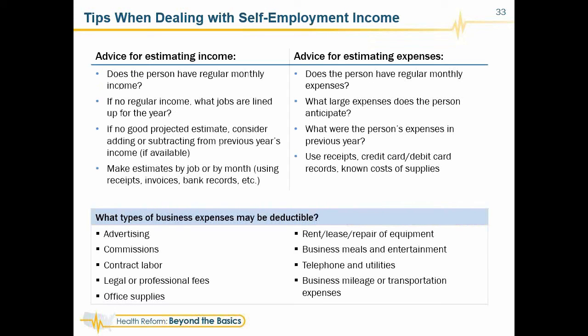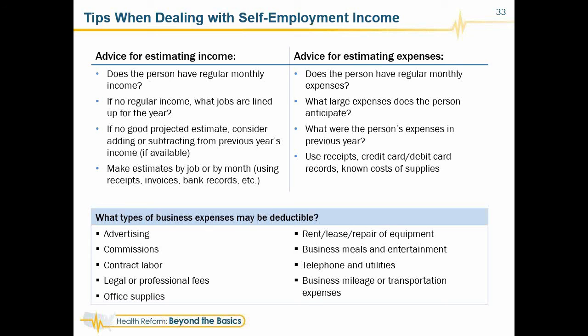So here are some tips for dealing with self-employment income. It can be tricky to estimate income. I think that you need to kind of meet the person where they are. Different jobs have different income cycles. Someone might find it best to estimate income by the job.